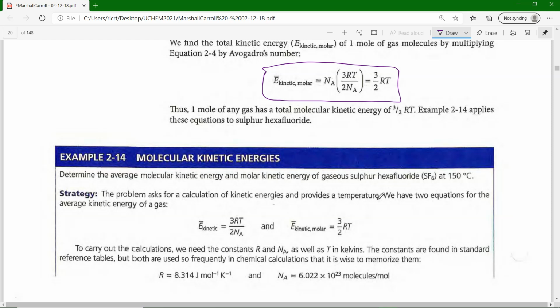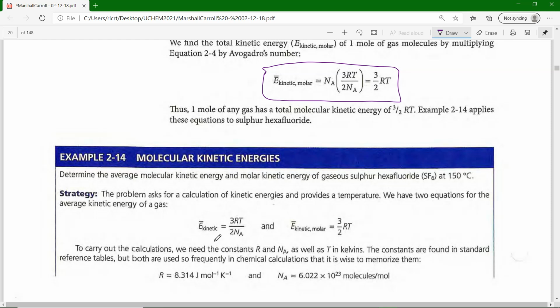Determine the average molecular kinetic energy and molar kinetic energy of gaseous sulfur hexafluoride. So for the molar kinetic energy you are not going to be dividing by Na.